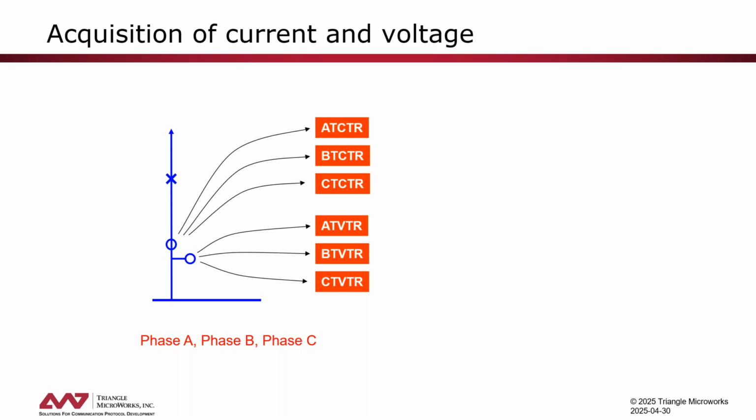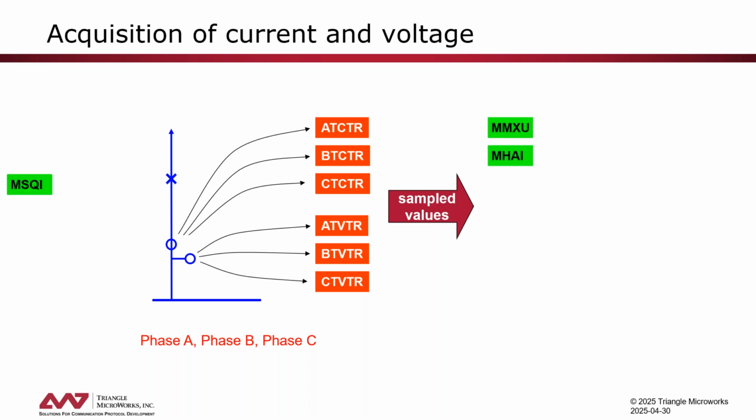If you have a 61850 process bus system, so if the information is acquired in what we call a merging unit and communicated over the network to the rest of the system, that's when you use sampled values. So this information is transmitted with sampled values to the devices that perform algorithms on them.